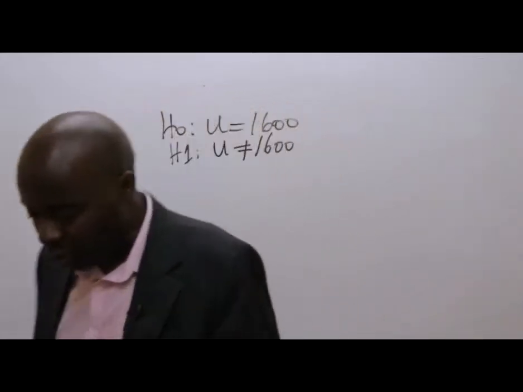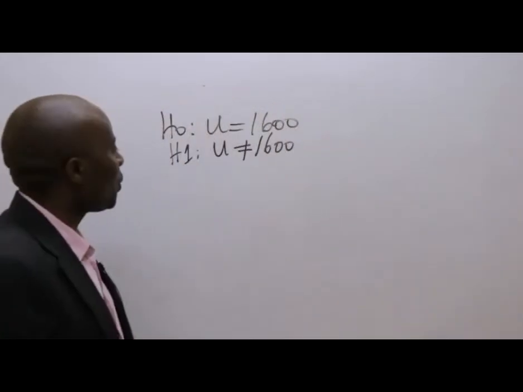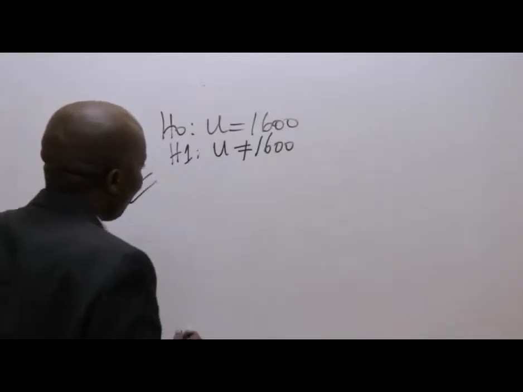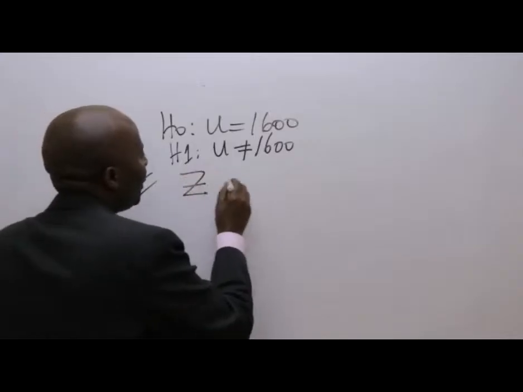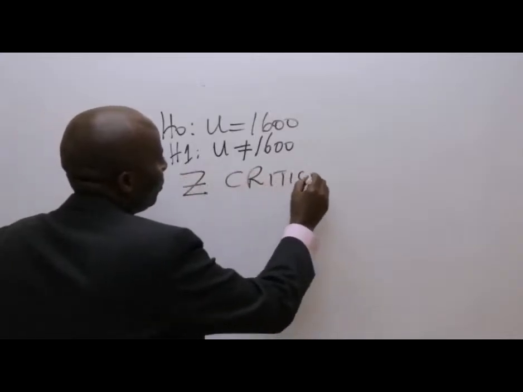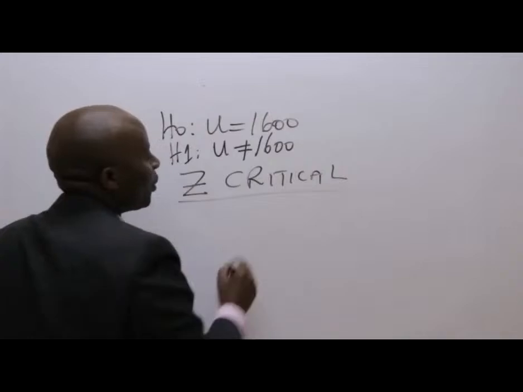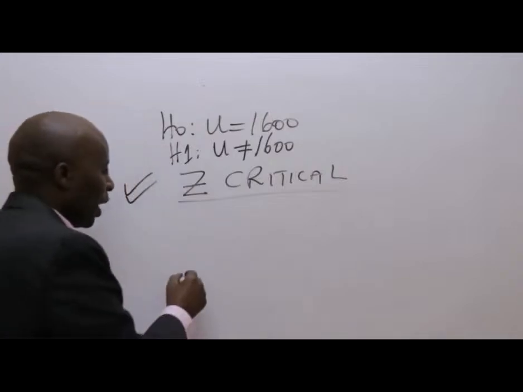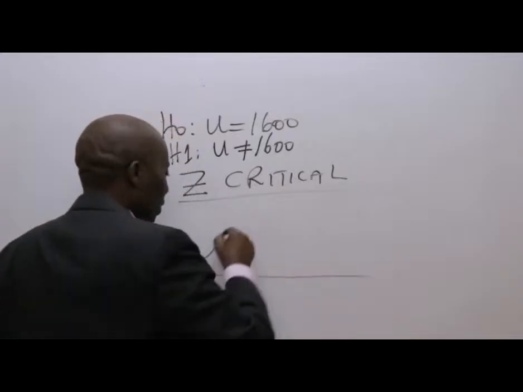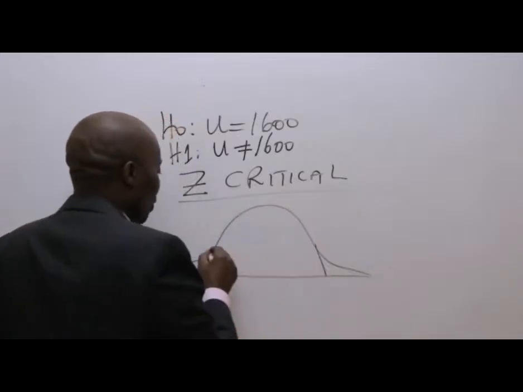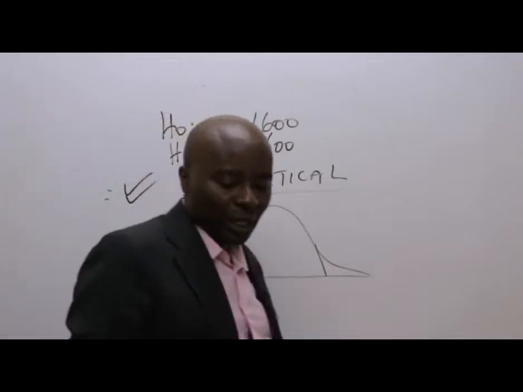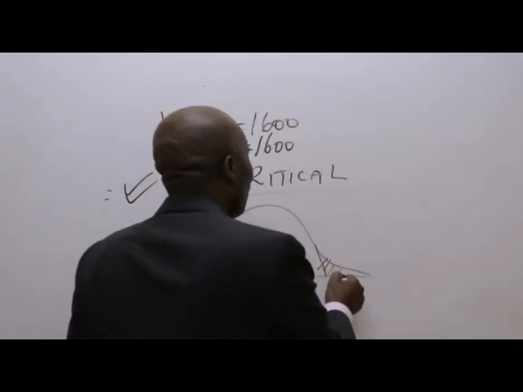Step number 2, ladies and gentlemen: given that this is a large sample, come and give us the Z critical. So for Z critical, we have to draw our good diagram. Remember, this examiner has given us the level of significance.